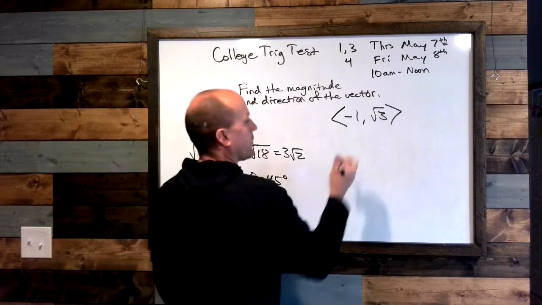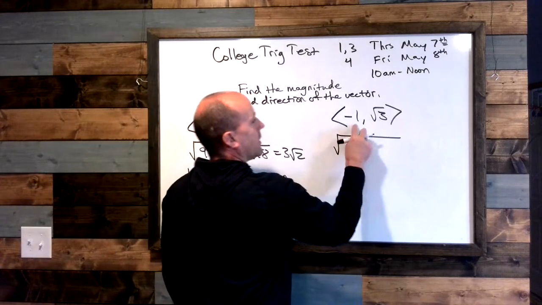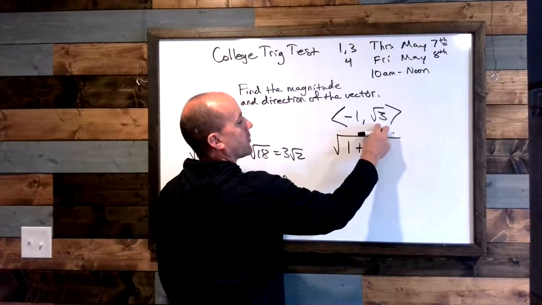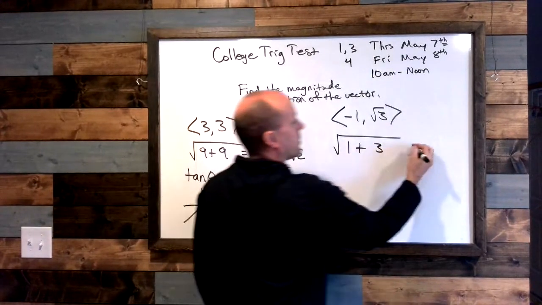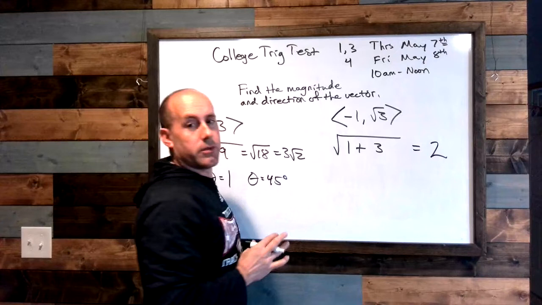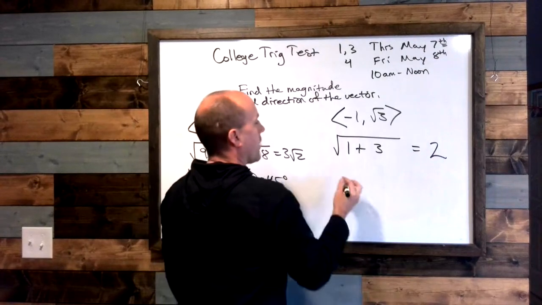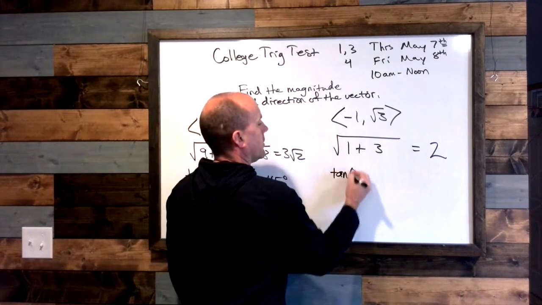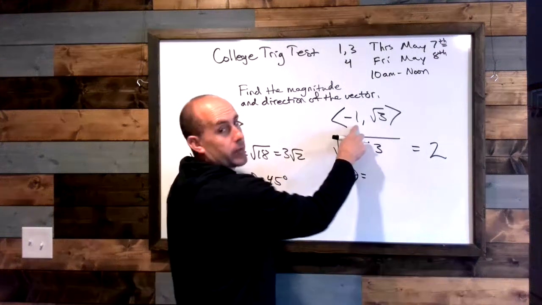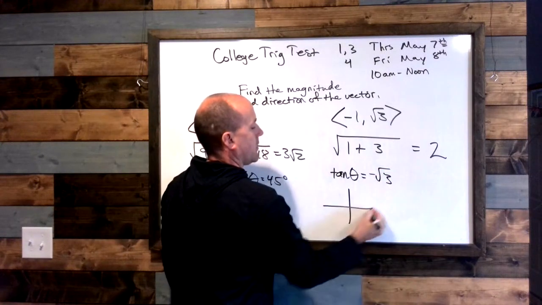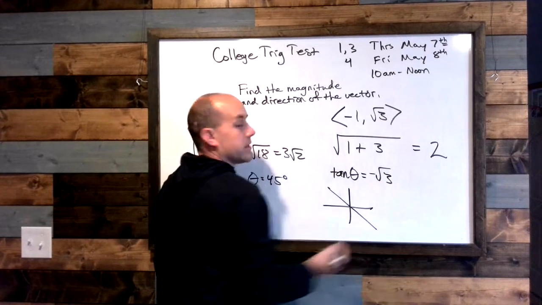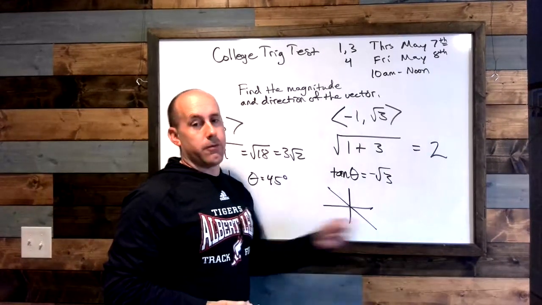This one's slightly different. Square root of -1 squared is 1. Square root of 3 squared is 3. 1 plus 3 is 4. Square root is 2. 2 is the magnitude of that vector. The direction, tangent of theta, is equal to root of 3 over -1, which would be negative root of 3. Tangent is negative in the second and the fourth quadrant.